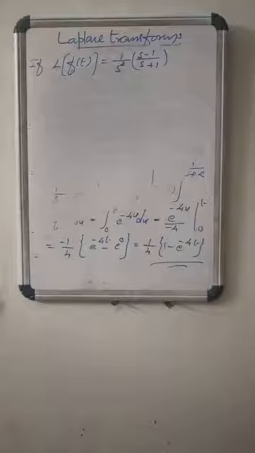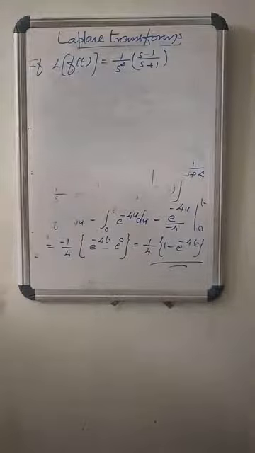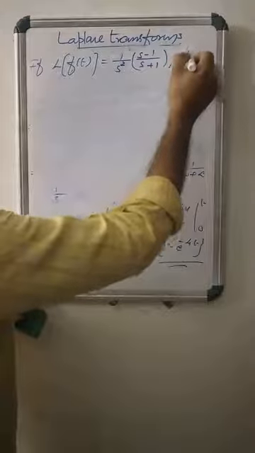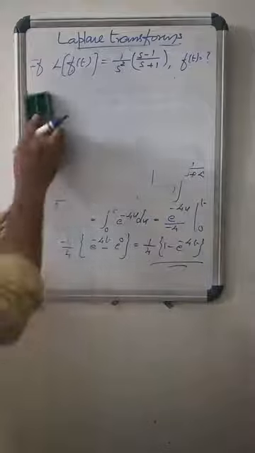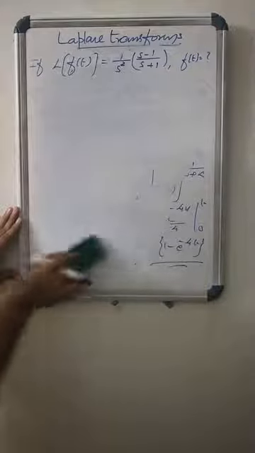If L{f(t)} equals 1 by s square into s minus 1 by s plus 1, find f(t). What is f(t)? That is the first requirement.